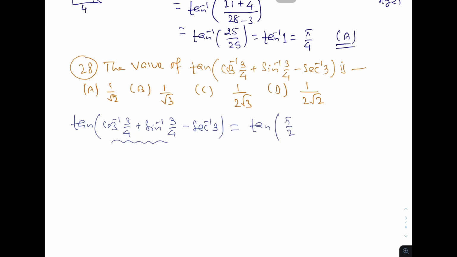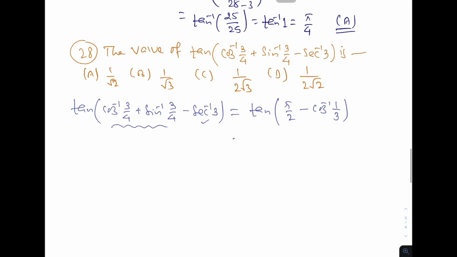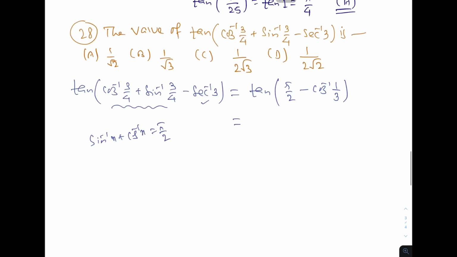So this is tan of pi by 2 minus, now this we can write as sec inverse 3 as cosine inverse 1 by 3. Okay, and again we can use that sine inverse x plus cosine inverse x is pi by 2. So pi by 2 minus cosine inverse x is sine inverse x.